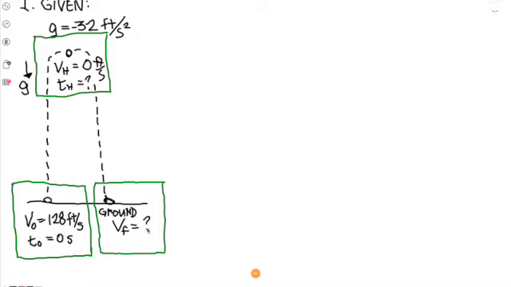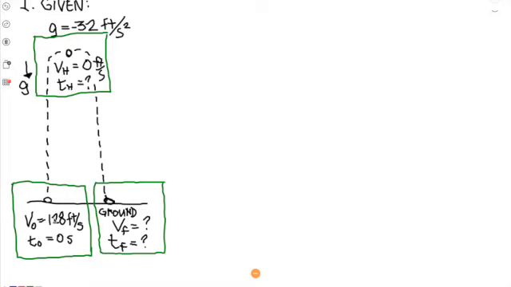This is one of our requireds. This is unknown. And what is the time? Let's just call it final time. Of course, if it hits the ground, it will have some further movements, but we are not concerned with that in this problem, because we already defined our requirements earlier.